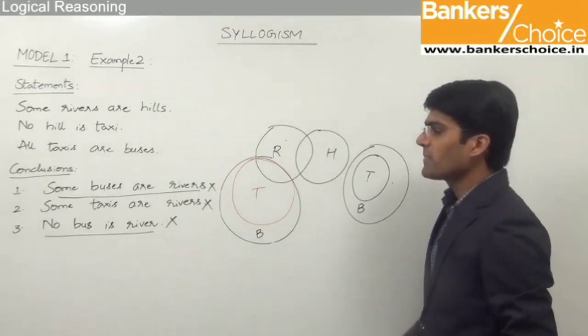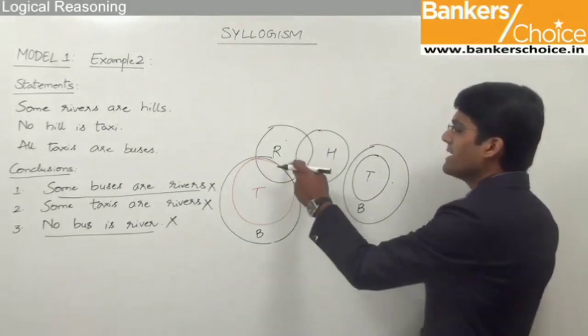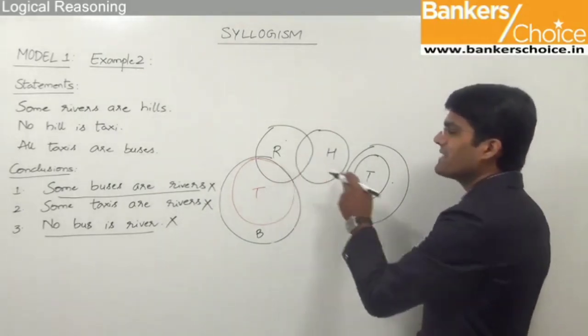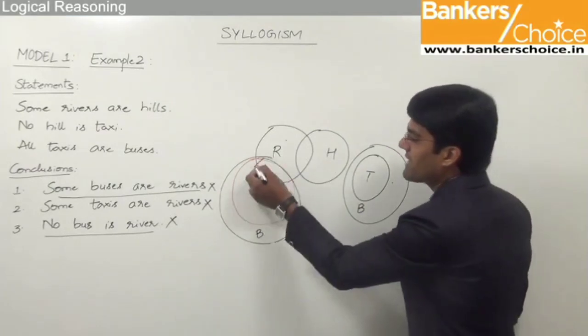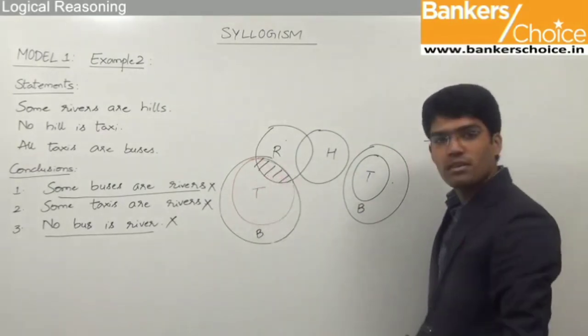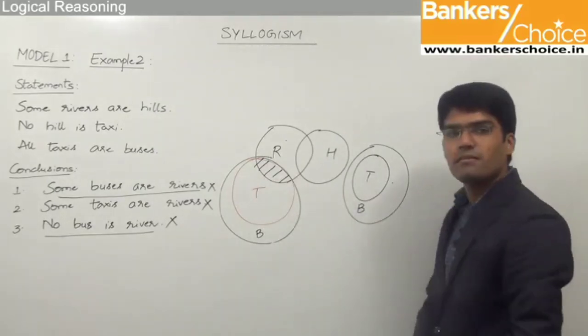For example, if we take the first conclusion, that is some buses are rivers, you see that some buses are rivers fails in the basic diagram, but it is true in the second case. Why? Because here we find that some of the buses are rivers. So conclusion 1 is true in the second diagram, but it fails in the first diagram.